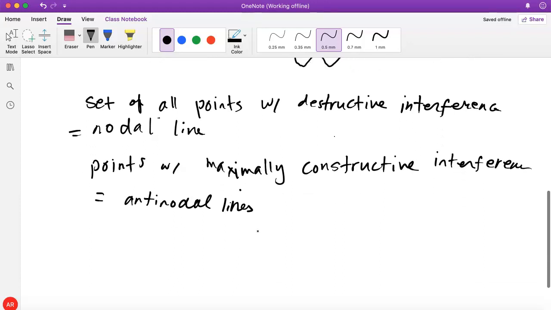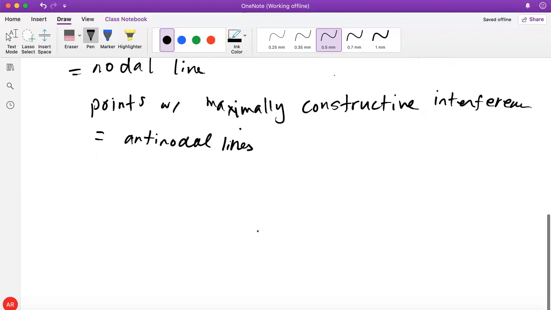All right, so we had a little bit of practice finding these nodal and antinodal lines. For two sources with fixed phase constants, what determines whether you are on, let's say, a nodal line is the difference between distances to the two sources.